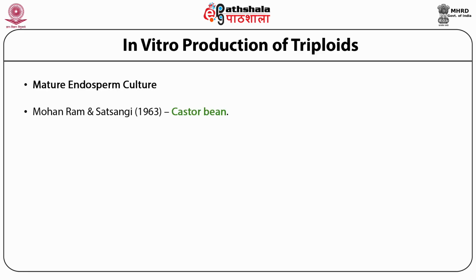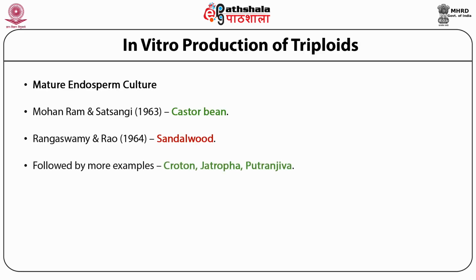But in 1964, Rangaswamy and Rao established tissue cultures of sandalwood, and after that, you have a number of examples like Croton, Jatropha, Putranjiva, where tissue cultures of mature endosperm have been established.